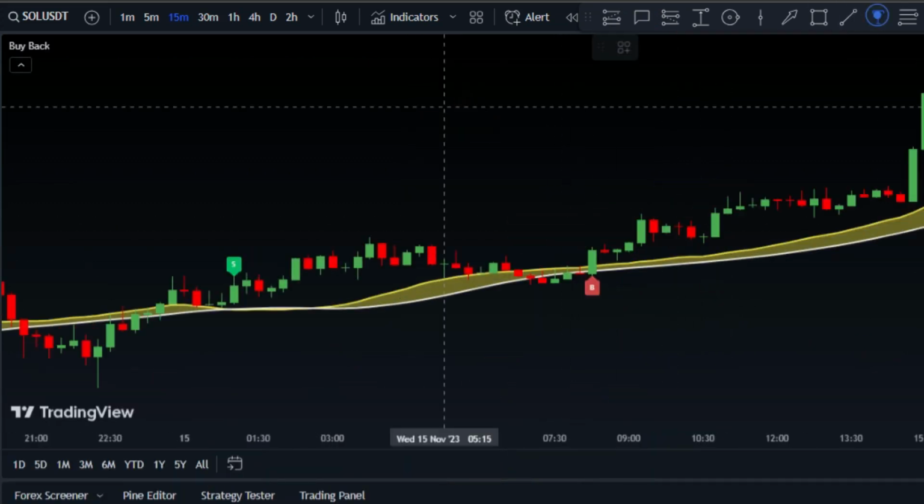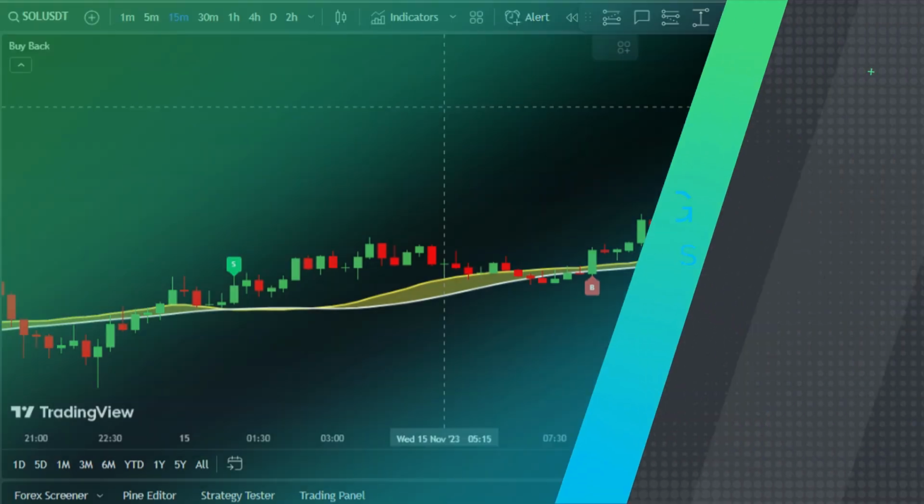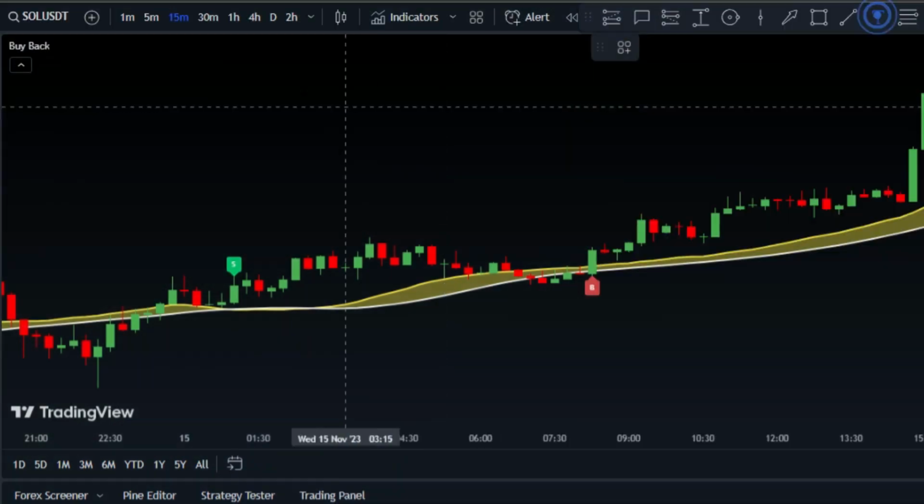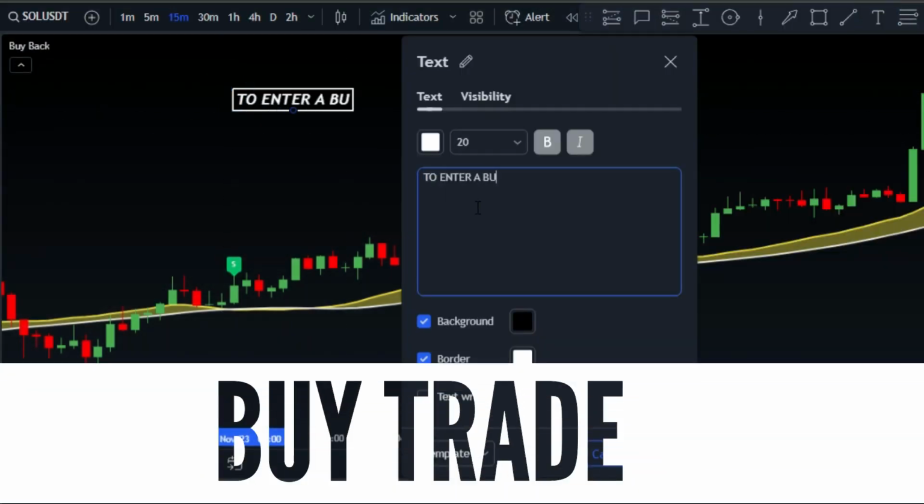Alright, now that we've got our two trusty indicators all set up, let's talk about the rules for our trades. For a buy trade, we need to wait patiently for a buy signal from the L1 buyback indicator.